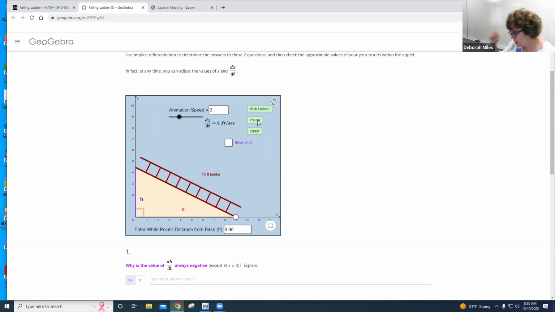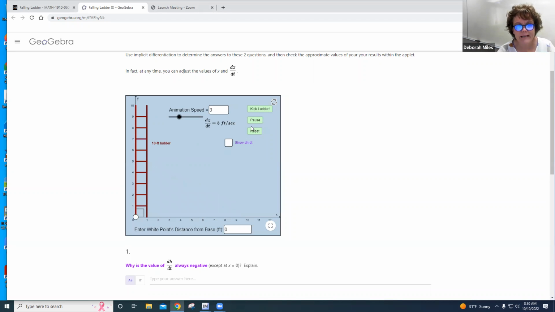Does that bottom look like it's moving at a constant speed, or is it speeding up or slowing down? The bottom of the ladder? Let's do it again. Reset. Watch only the bottom of the ladder and tell me if it looks like it's speeding up or staying the same speed.